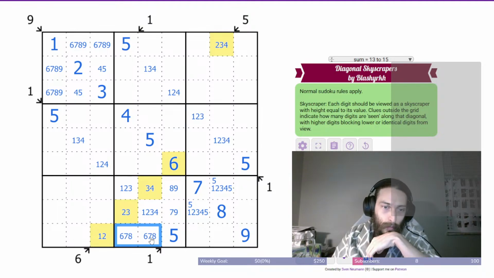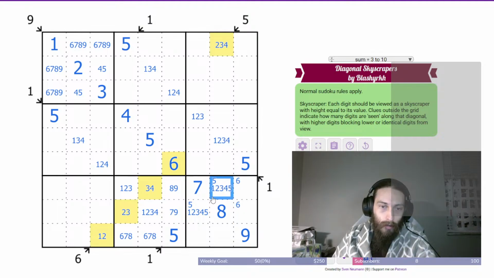Well, 6 has to be one of these bottom 2, which means 6 has to be one of these side 2, as it can't go on this diagonal, otherwise it would be seen by this 1. Right.